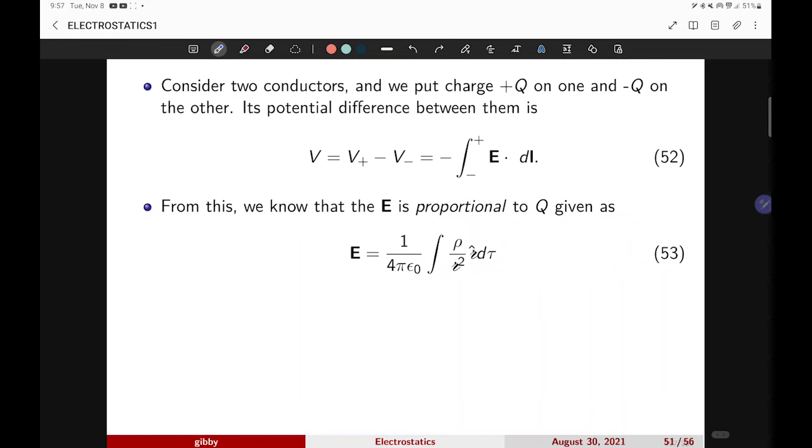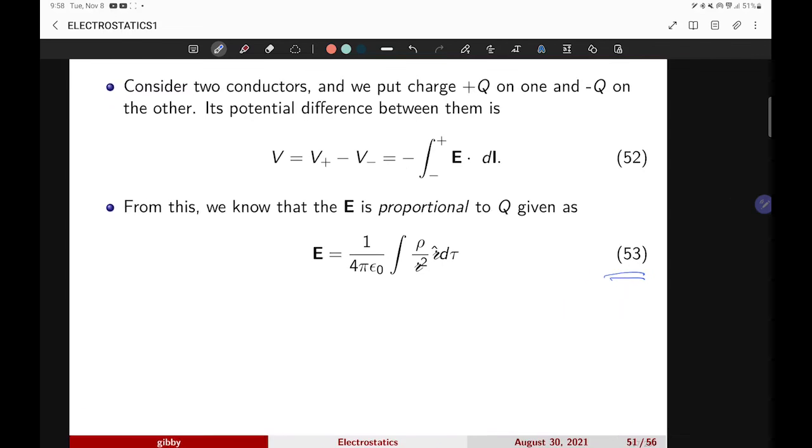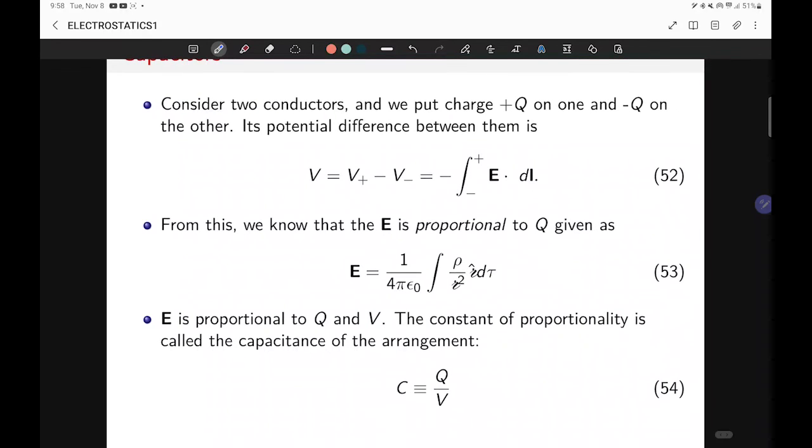Okay. So from this, we know that the electric field is proportional to Q, which is given by 53. And E is proportional to Q and V. So the constant of proportionality is called the capacitance. Okay. So we have your capacitance, which is just C equals Q over V. Okay. Where C is capacitance, Q is charge, V is your electric potential.